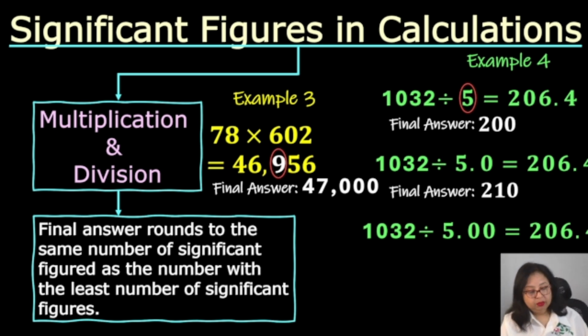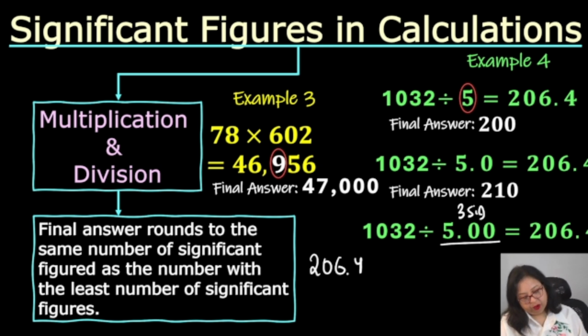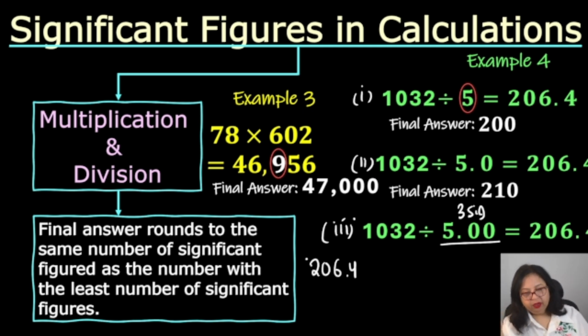Same problem. Now I'm dividing it by 5.00. How many sig figs are in 5.00? There are 3 sig figs. So that means the answer 206.4 should round off to 3 sig figs. Like I already said, if I keep this decimal and the digit after it, then the number 206.4 has 4 sig figs, while we need only 3.